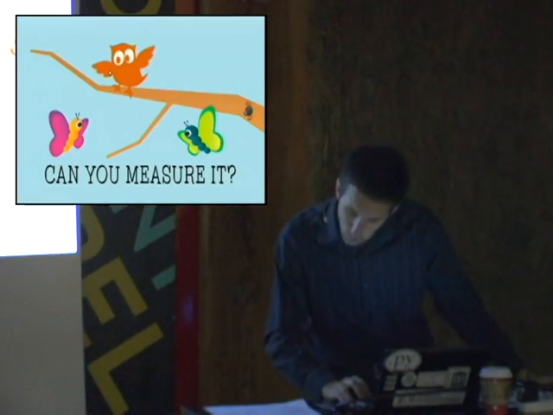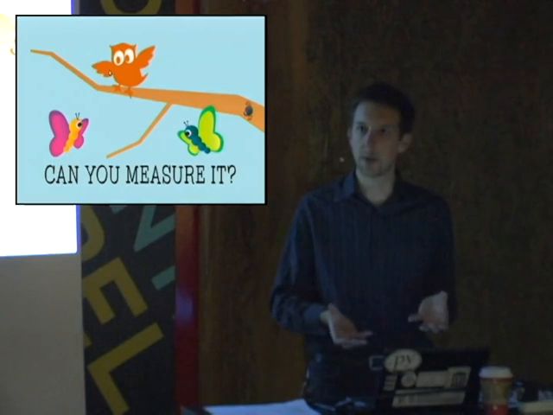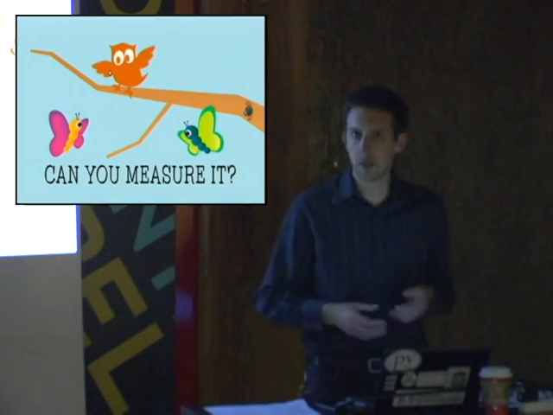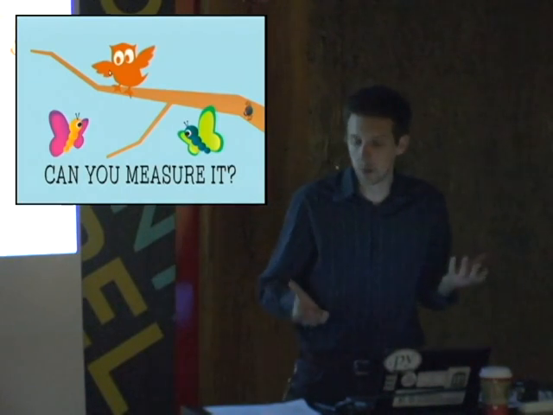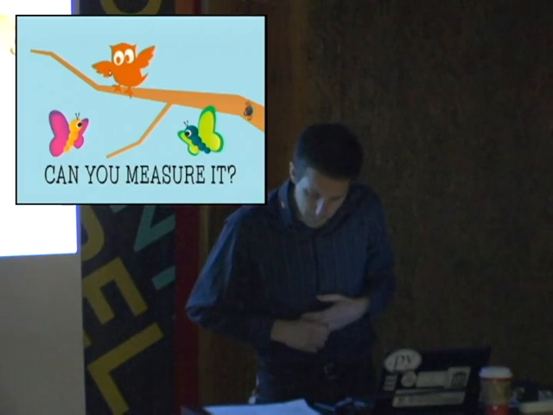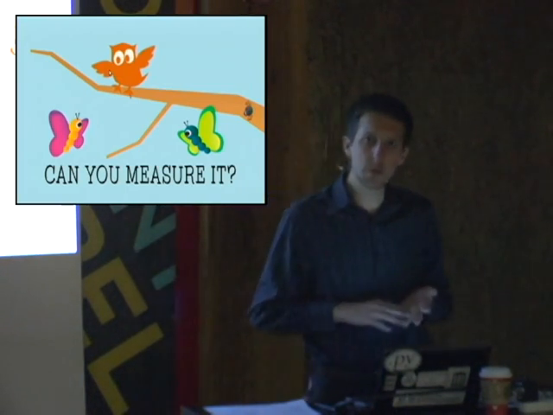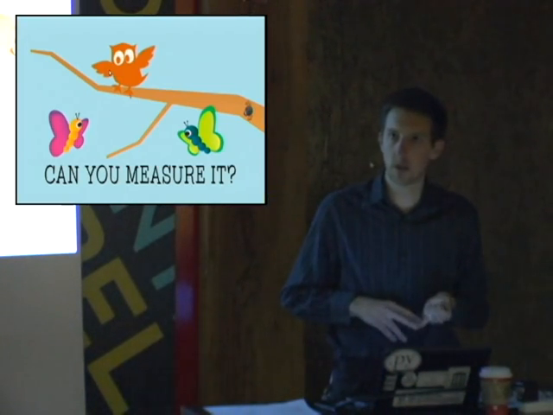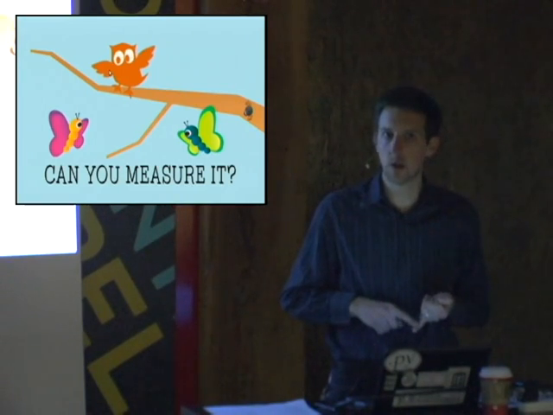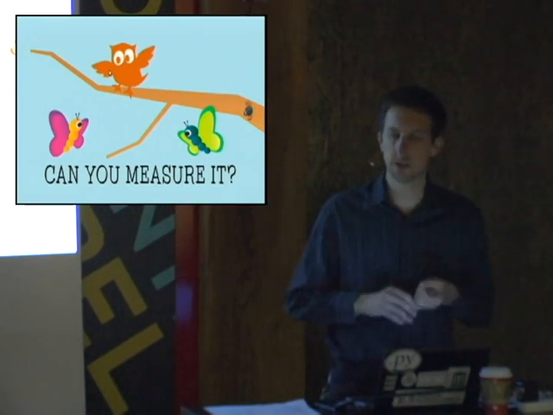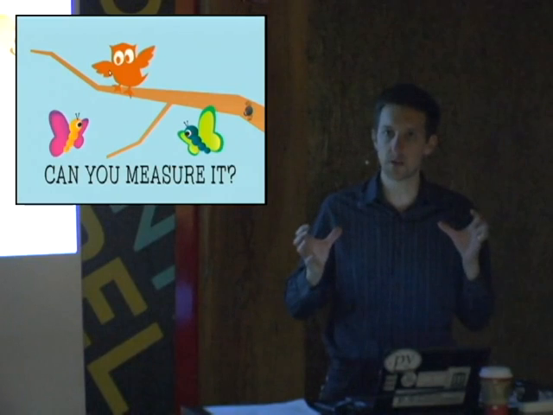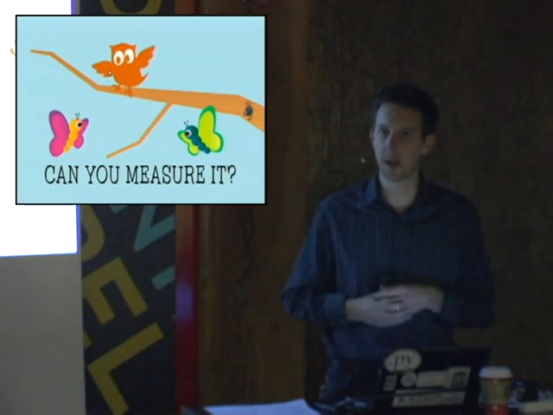So why this library? It's a bit younger, and I think it's pretty cool. The two main reasons I like it are, first, it allows you to measure all the different ways you can execute code in Python, and I'll show this later.